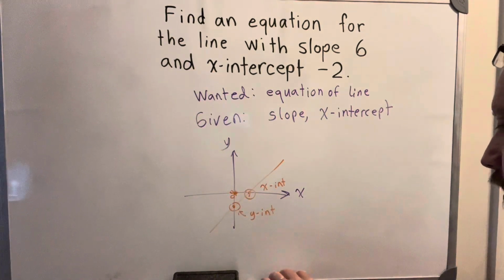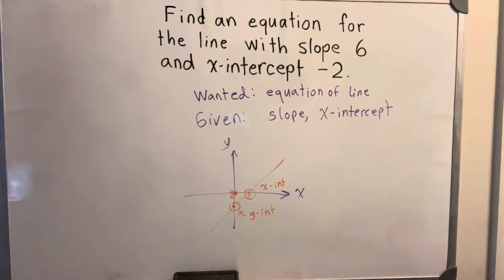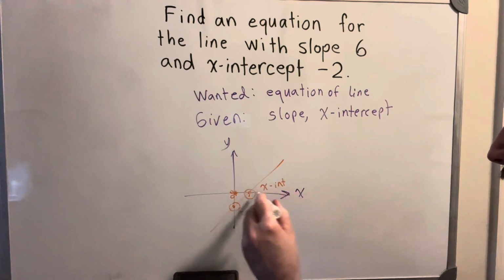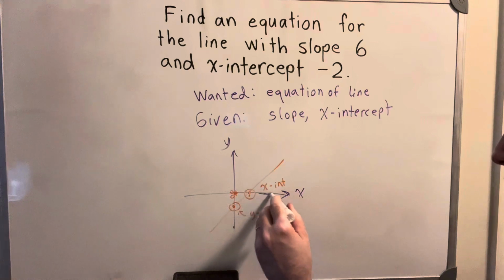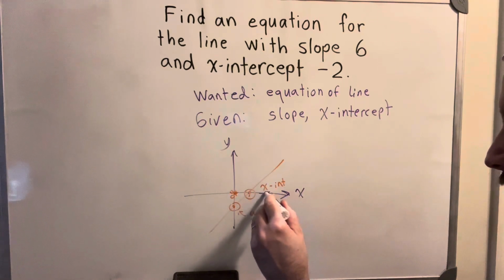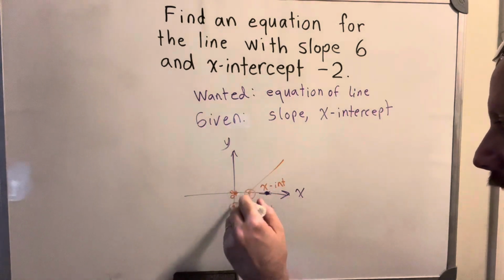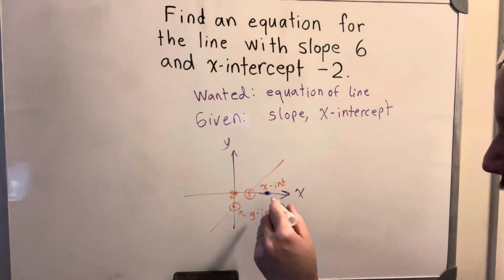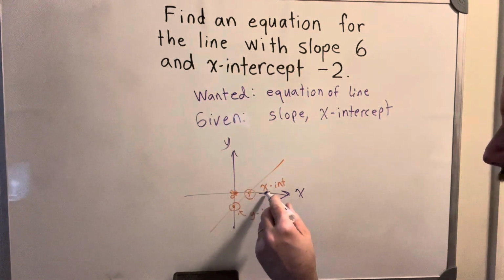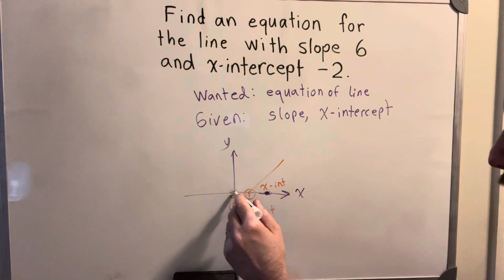So what is the y value of the x-axis? Anything that is on the x-axis, say this point right here. If I said the x-axis and the y-axis cross at 0, 0, then what does that mean? That a point on the x-axis, what does that mean its y-coordinate is? Well, it means that the y-coordinate must be 0.